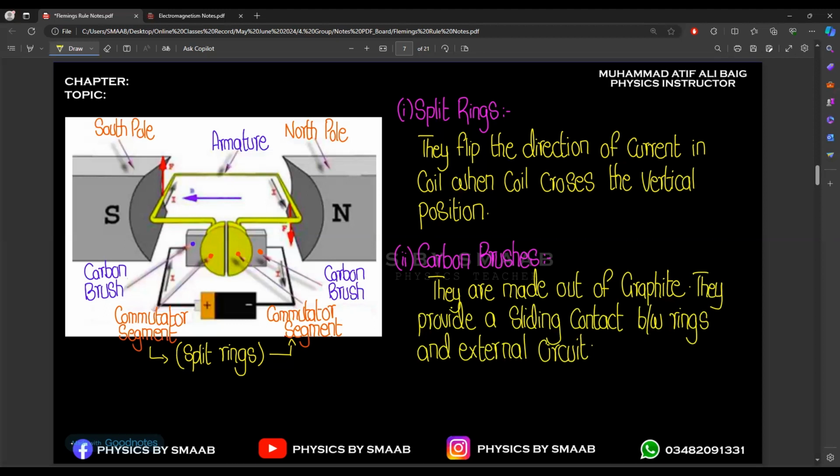So this is the main idea of the split rings and the carbon brushes, why we use split rings, why we use carbon brushes.